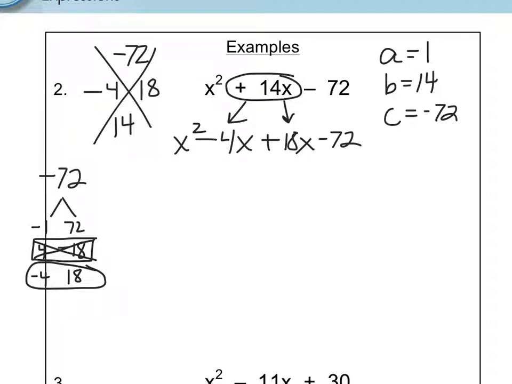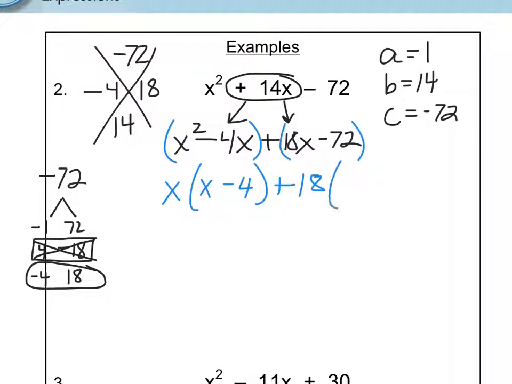And now I can go through first two terms, last two terms, take out an x here, left with an x minus 4. Take out an 18. The biggest number that goes into 18 and 72 is 18. And then I end up with 1x left over here. Negative 72 divided by 18 is negative 4. So then my two terms are x minus 4 and x plus 18.